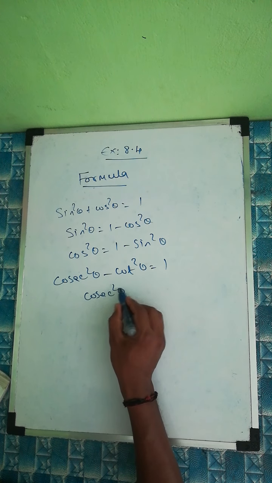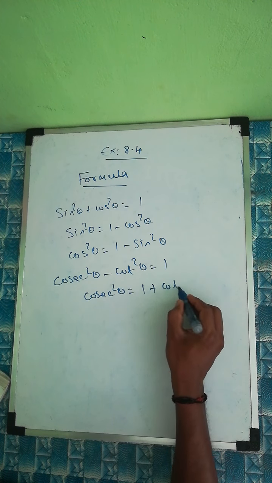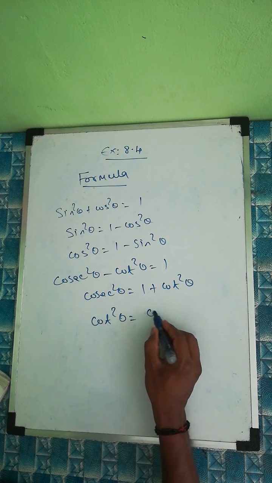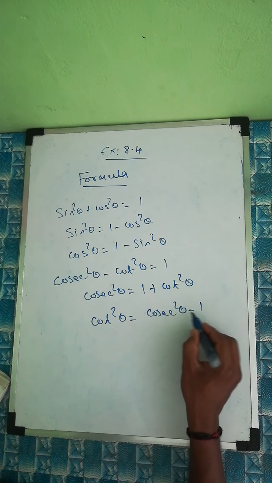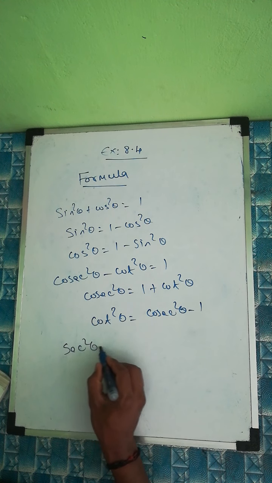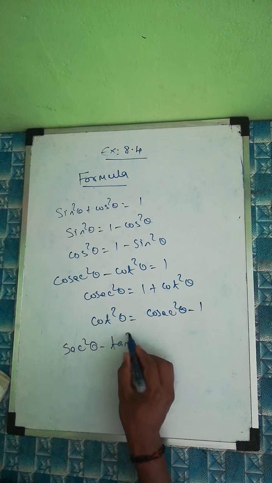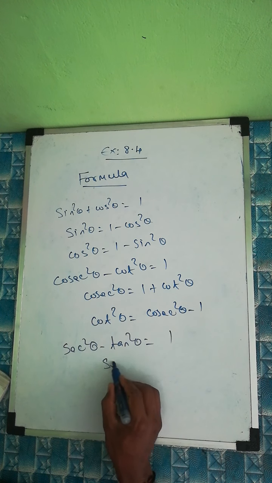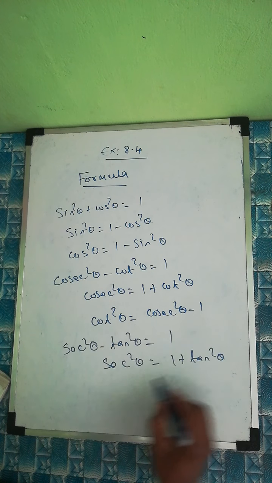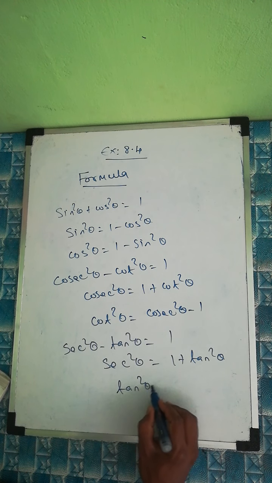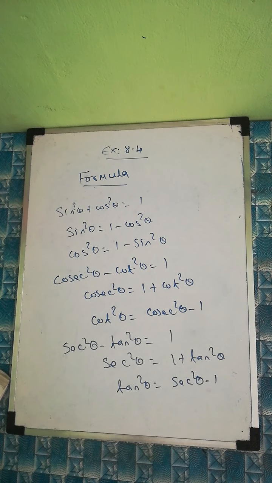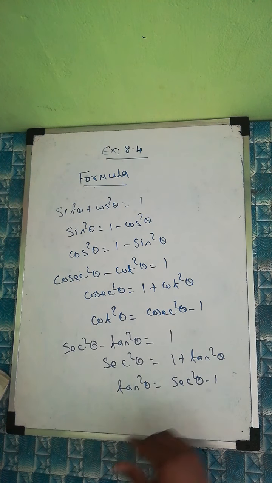So cosec square theta equals 1 plus cot square theta, and cot square theta equals cosec square theta minus 1. Again, secant square minus tan square equal to 1. So secant square theta is 1 plus tan square theta, and tan square theta equals secant square theta minus 1. So these are the first 9 formulas.